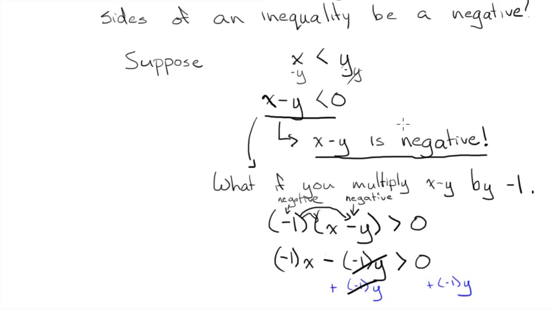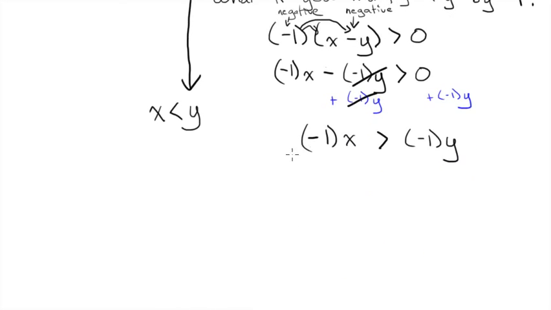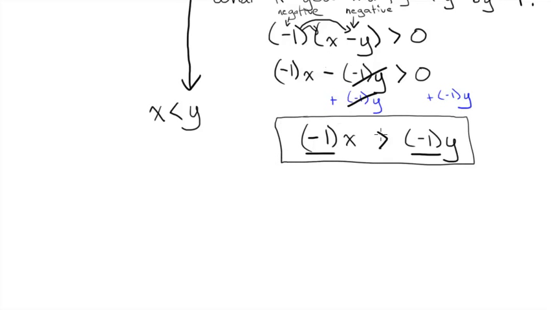Well, let's compare that to our original inequality, which said that x was less than y. So look, x is less than y, but if I multiply both sides of this inequality by negative 1, which is all I've done here, notice that the inequality is now in the reverse direction.